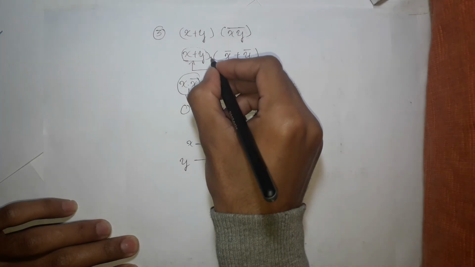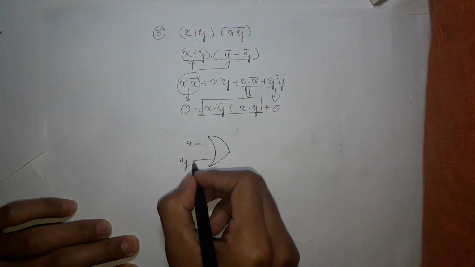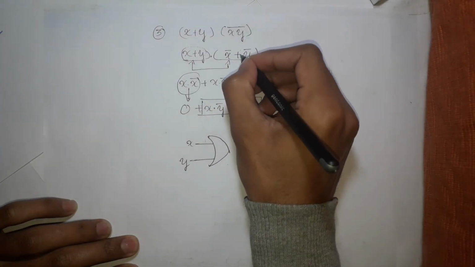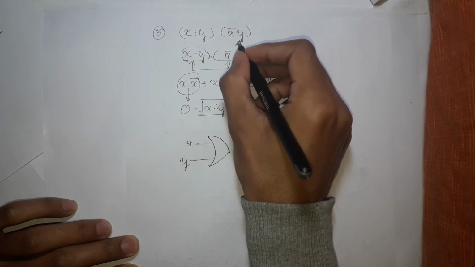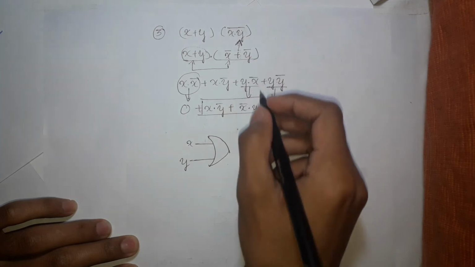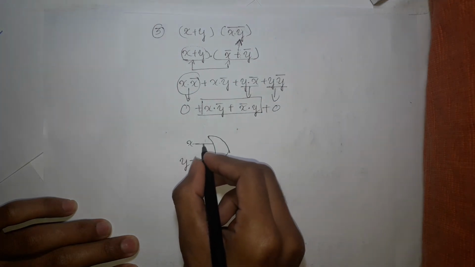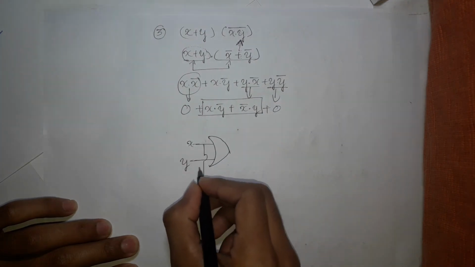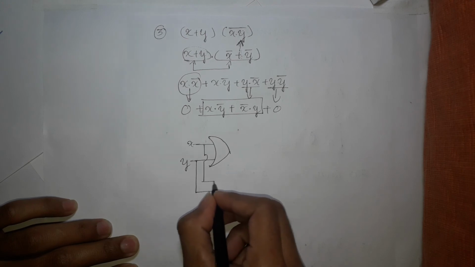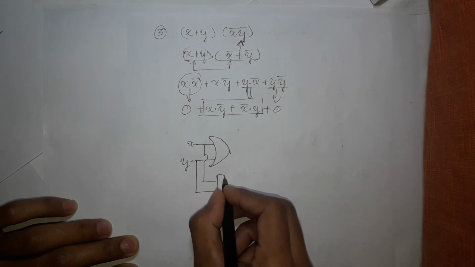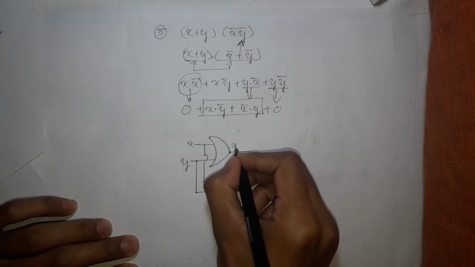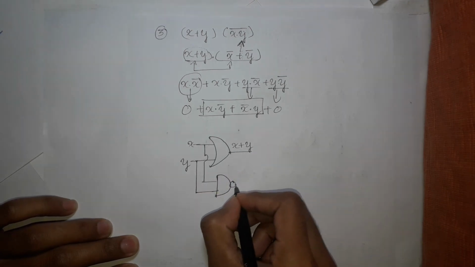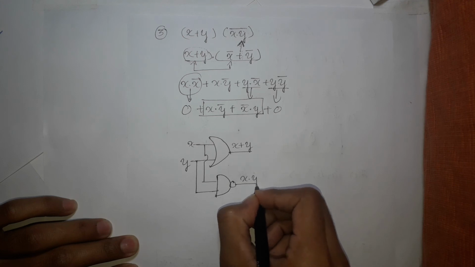This is the expanded form of this one. Now we will just take X from here and Y from here and send them as input to a NAND gate. From here we are going to get X or Y, and from here we are going to get X dot Y's whole bar.